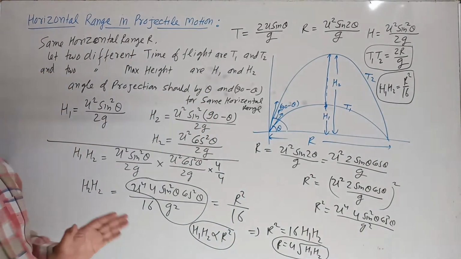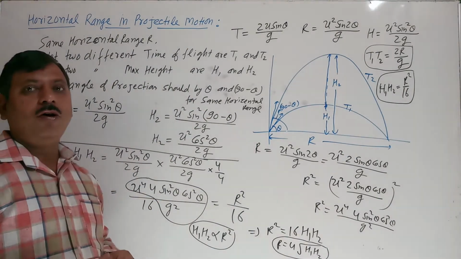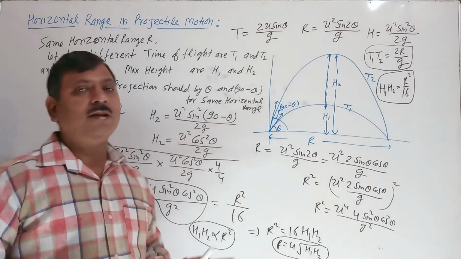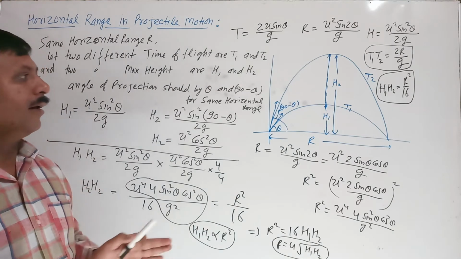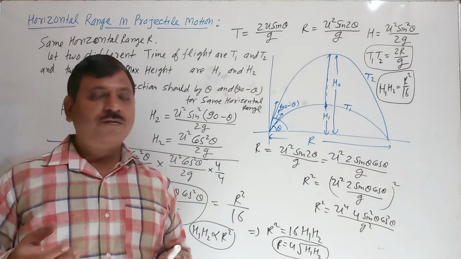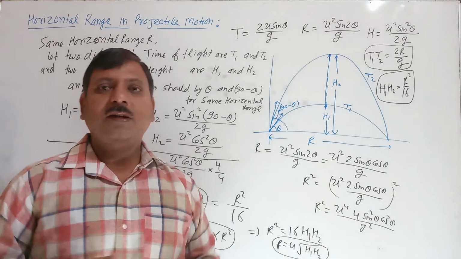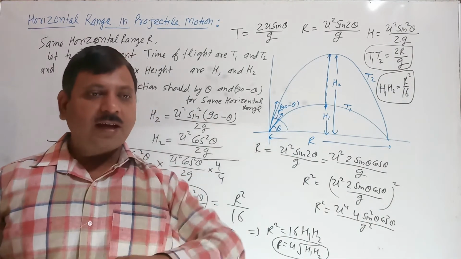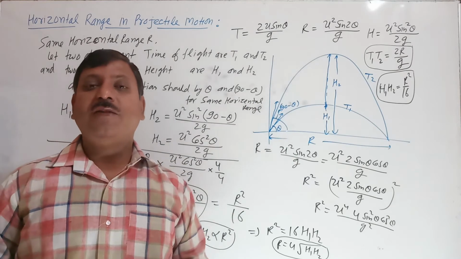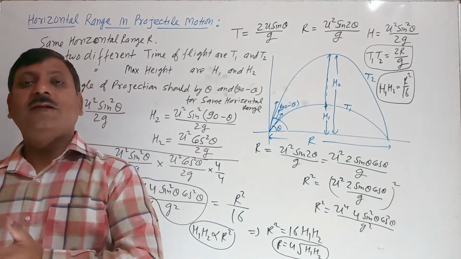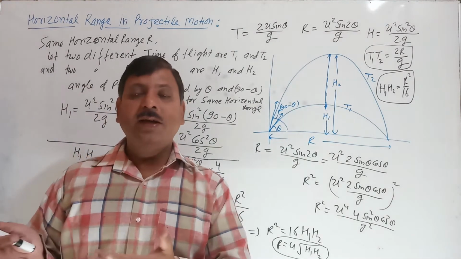So these are the things you have to know about the horizontal range, and maximum horizontal range will be for angle of projection 45 degree. You have also seen sometimes when a player kicks the ball, if the angle of projection is nearly 45, then that time horizontal range will be maximum.